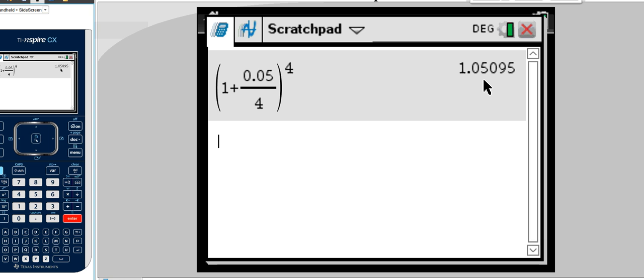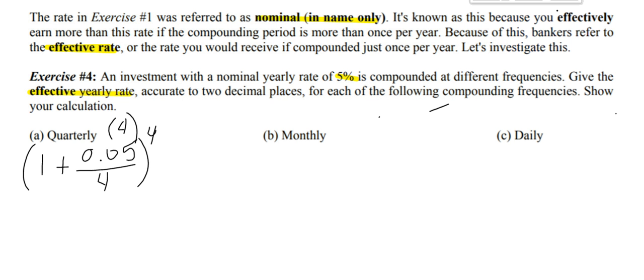And that gives me 1.05095, and it would continue.